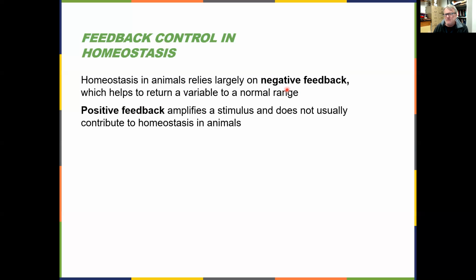Students sometimes get confused about that because they think of the word negative as being bad. But I want you to think of negative as being good, because this is something that will return a stimulus that is going beyond normal and reduce the difference back to normal. So it's going to return it to a normal range. That's why we call it negative.